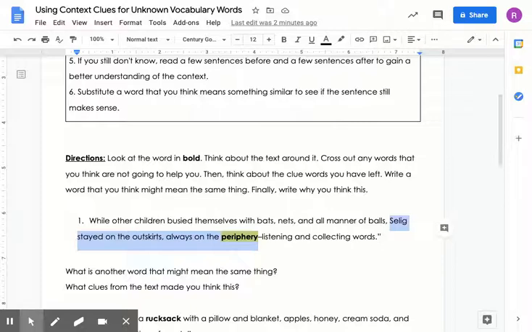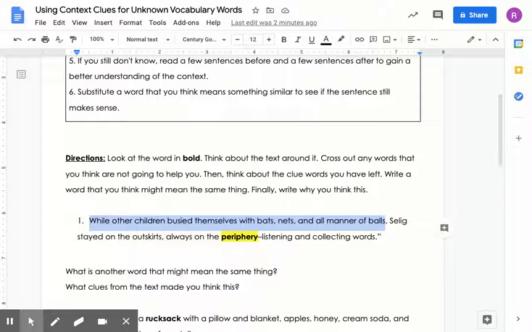Okay, so we know that the other children were doing something. They're playing with balls and bats and, sounds like recess to me, nets. But the word that we're looking for is Selig stayed on the outskirts, always on the periphery.